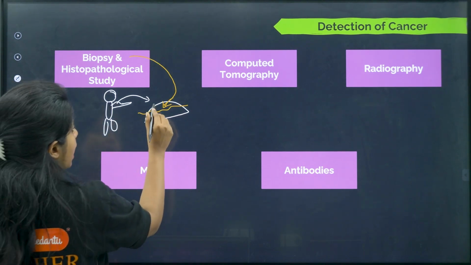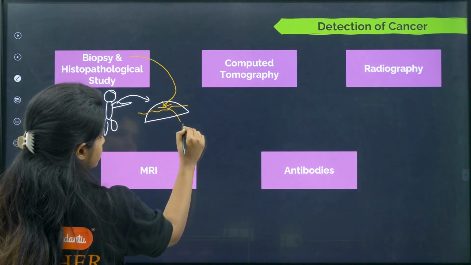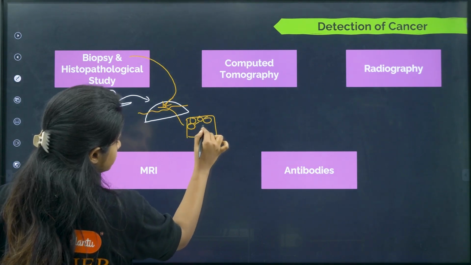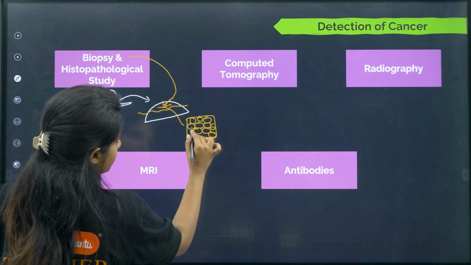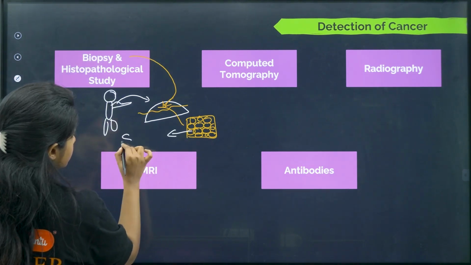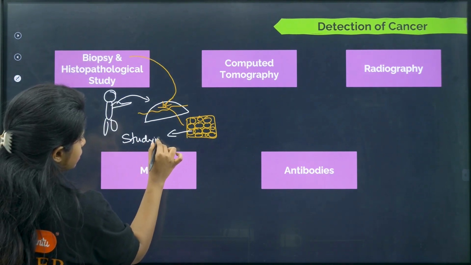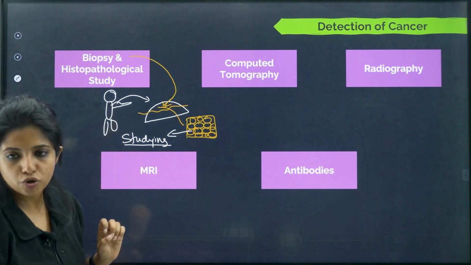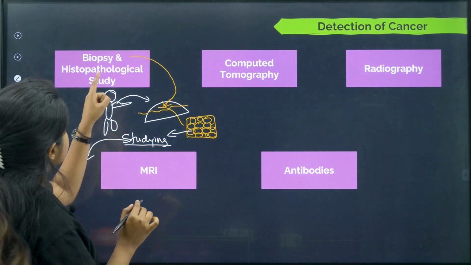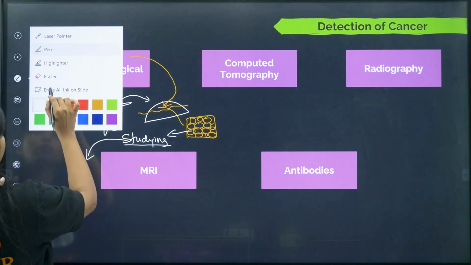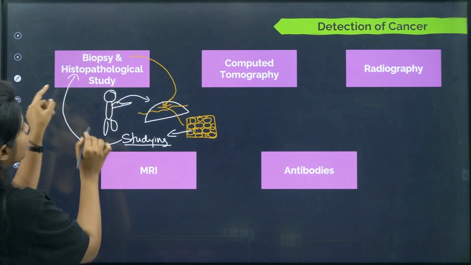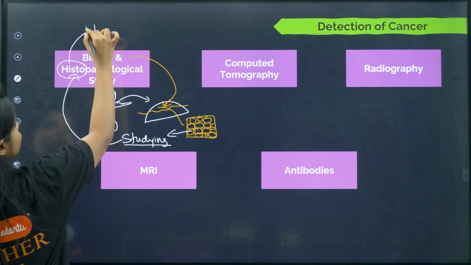Now, when I am taking this tissue, obviously it will have a number of cells, and now I am studying this particular tissue. When I am studying this tissue, it is known as histopathological study. Histo means tissue, children.